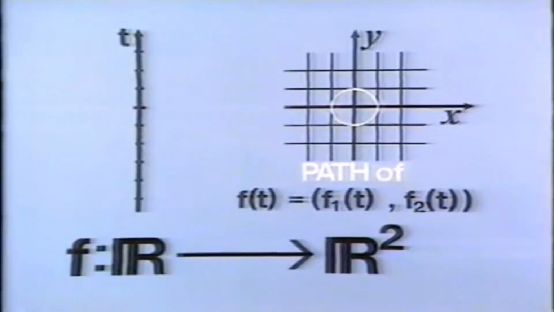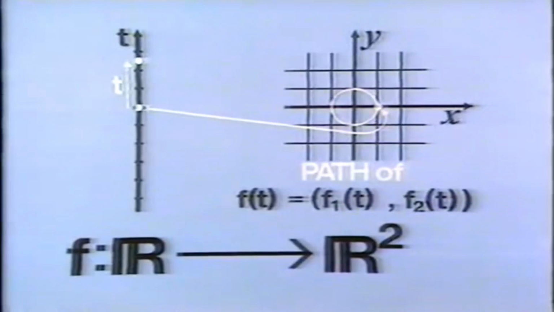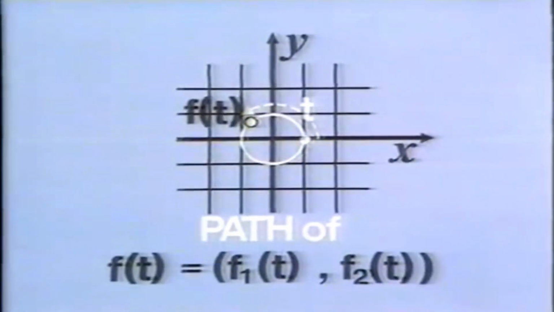For example, let's take the function which maps the point 0 to the position (1, 0), and any point t to a position which is a distance t anti-clockwise along the path. So that's our function pictorially, as a path. But what is it algebraically? That is, what are the coordinate functions f1 and f2 as expressions in t?